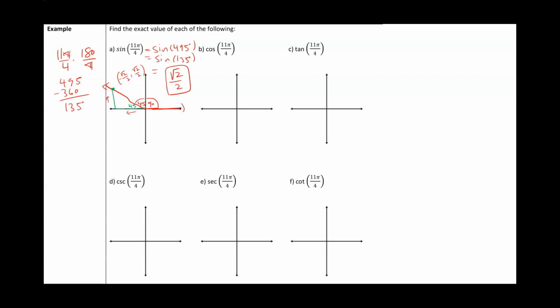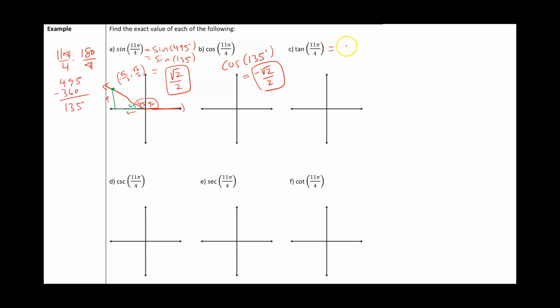Okay, part B, let's find the cosine of 11 pi over 4. Now we know that 11 pi over 4 is 495, and 495 is equivalent to 135 degrees. So we want to now find the cosine of 135 degrees. And the cosine is going to be the x value, which is negative radical 2 over 2.